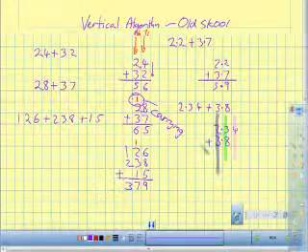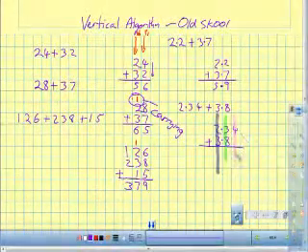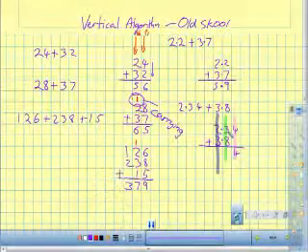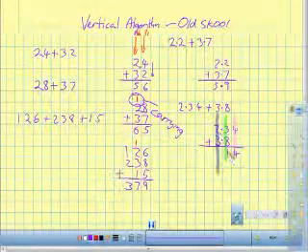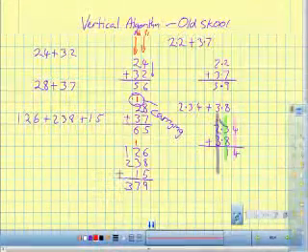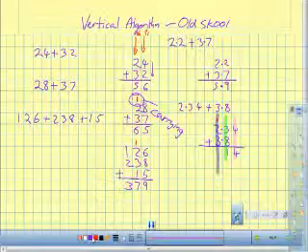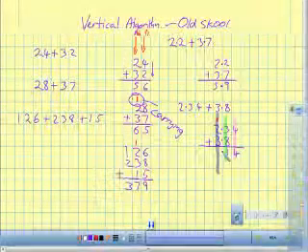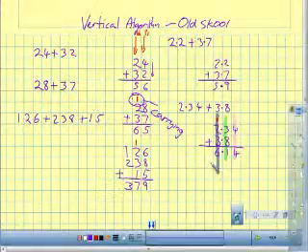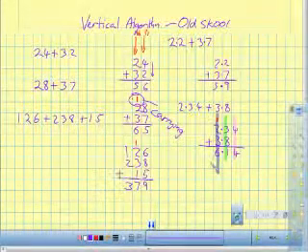Okay, so I'm going to add that. The 4 just comes straight down. The 3 and 8, that's 11 tenths or 1.1, so I'm going to carry. That's now there. And I mustn't forget to put my decimal point in. 1 and 2 is 3, and another 3 is 6. And it gives me a 6.14.